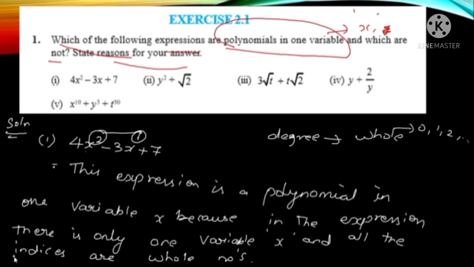Next, moving towards the second subdivision: y square plus root 2.